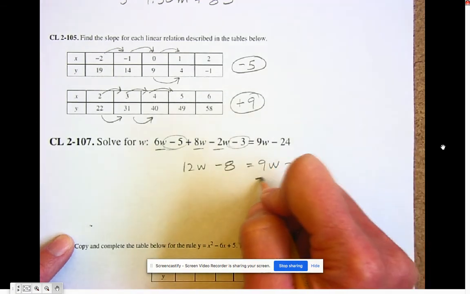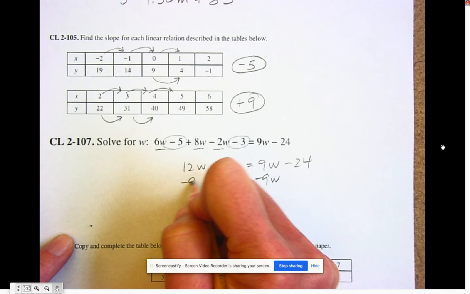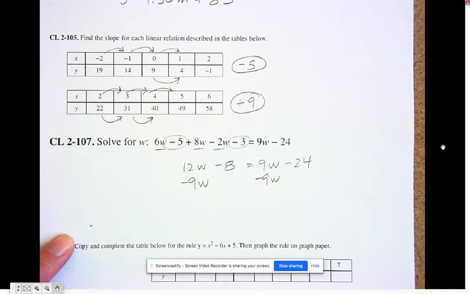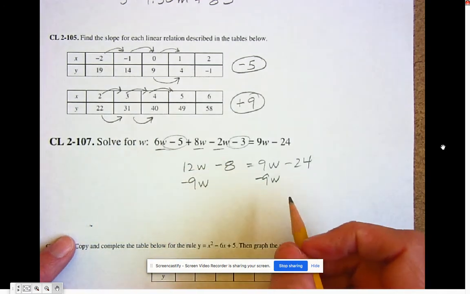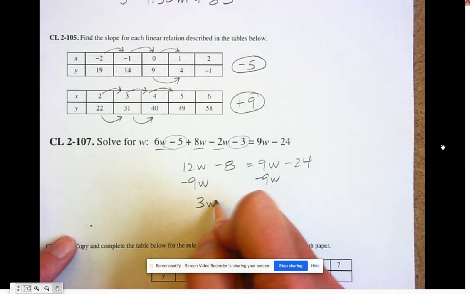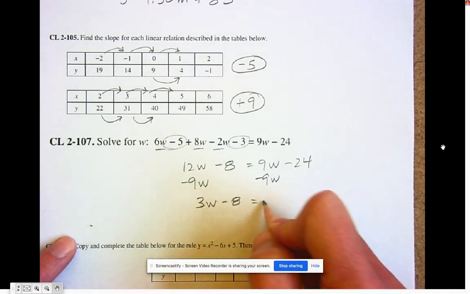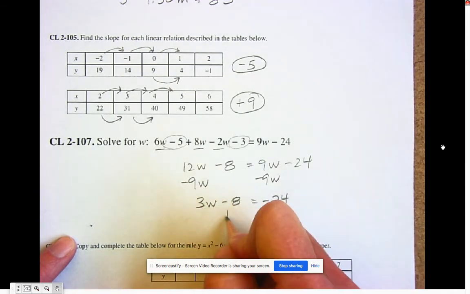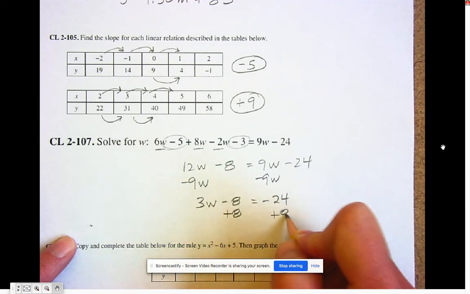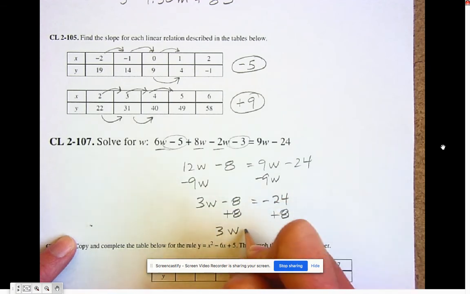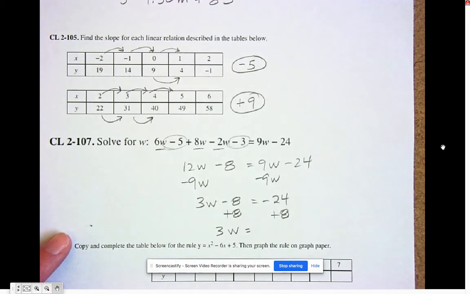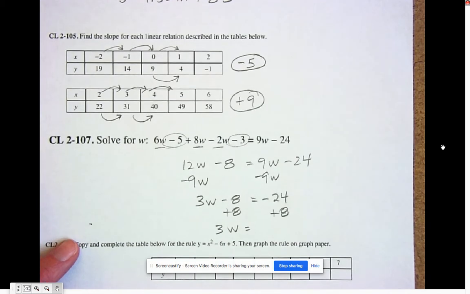I think I'm going to subtract 9W from both sides. So 12W minus 9W is going to be what? 3W minus 8 equals negative 24. I'm going to add 8 to both sides.